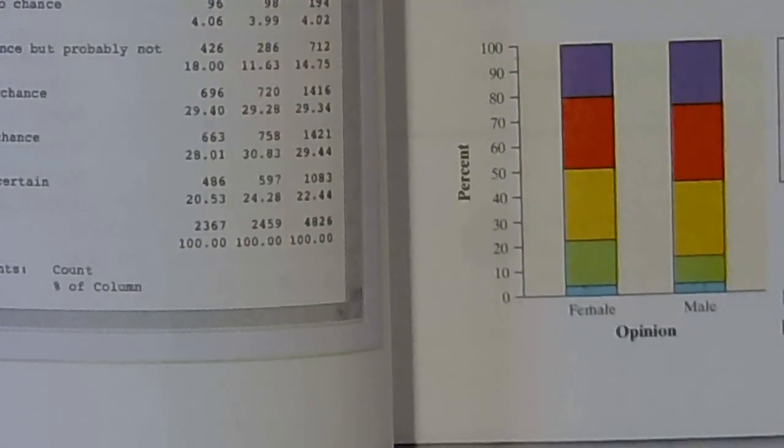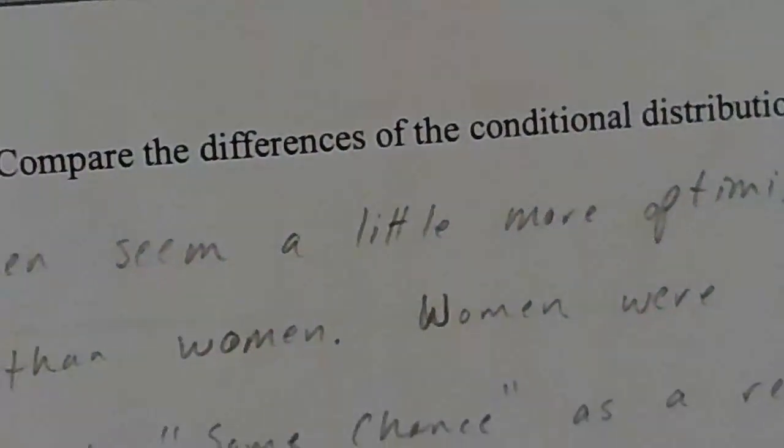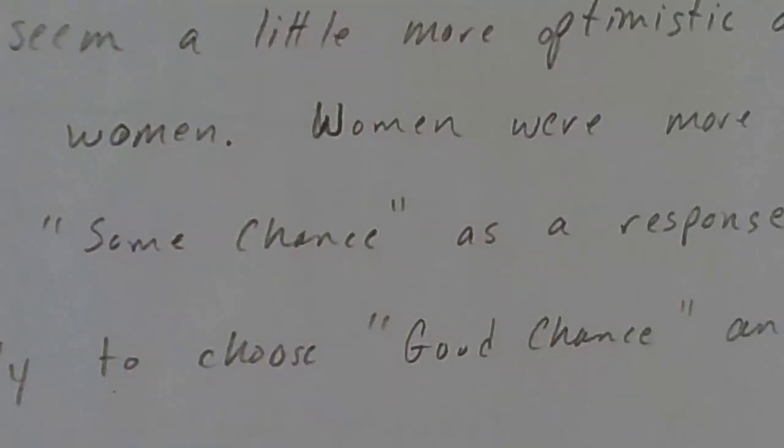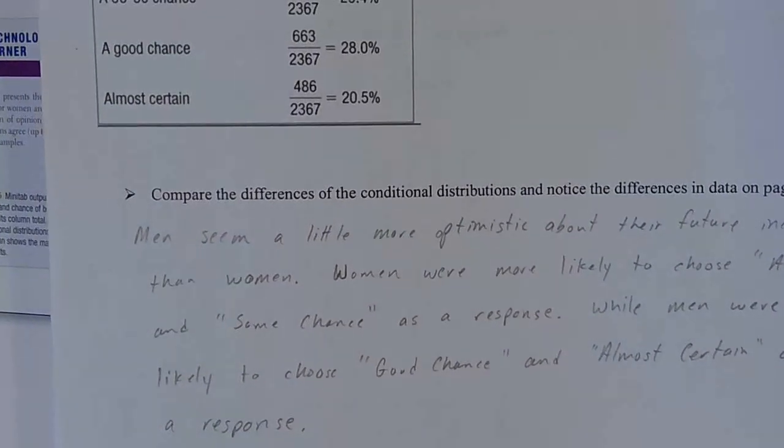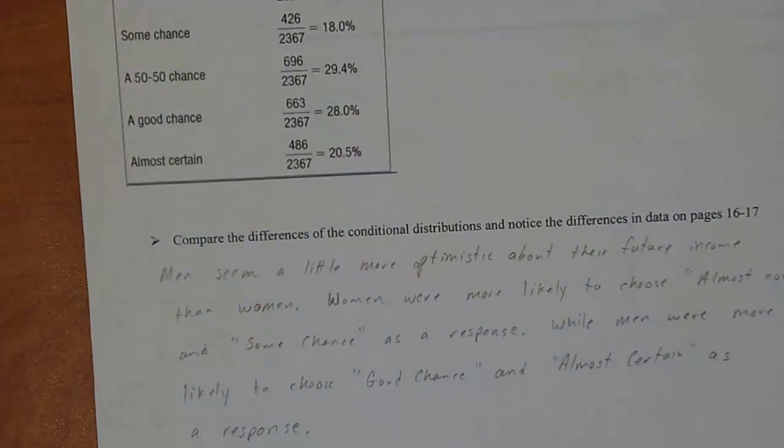Compare the differences of conditional distributions and notice the differences in data on pages 16 through 17. I'm talking about the notes right here. Let's go ahead and fill this in if you haven't already. We can do it together.